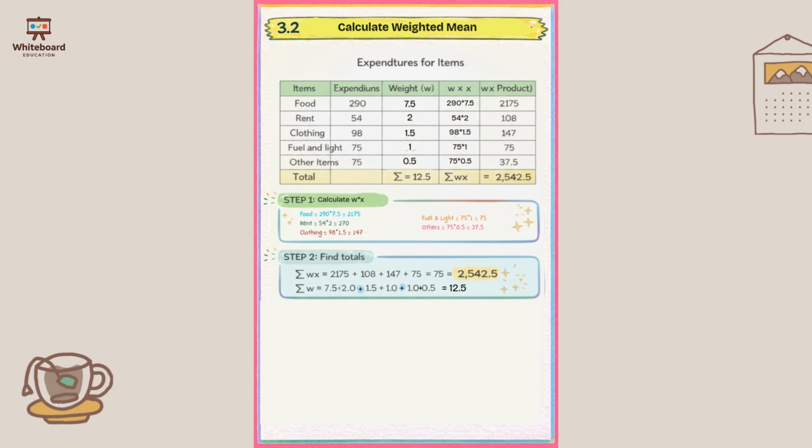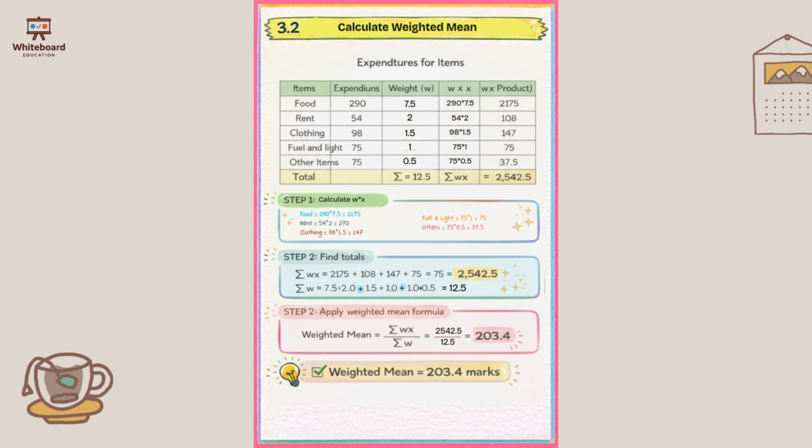Find the total of wx and w. The summation of wx is 2542.5 and summation of w is 12.5. And lastly, apply the weighted mean formula. So we do sigma wx, 2542.5, over sigma w, which is 12.5. Thus the weighted mean is 203.4.